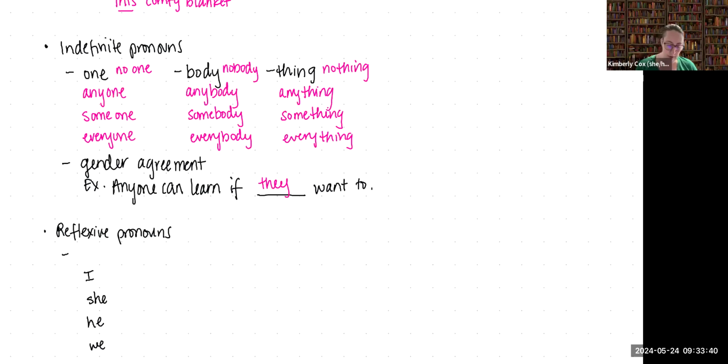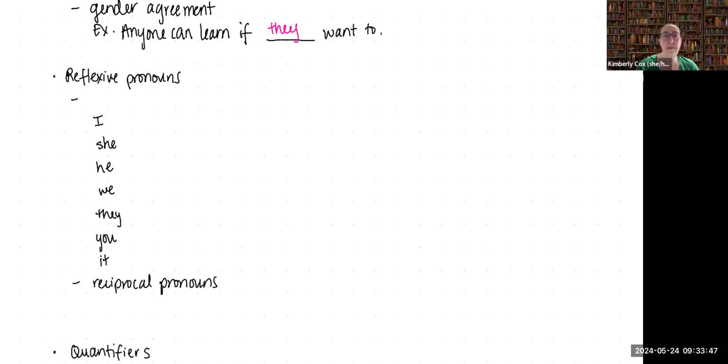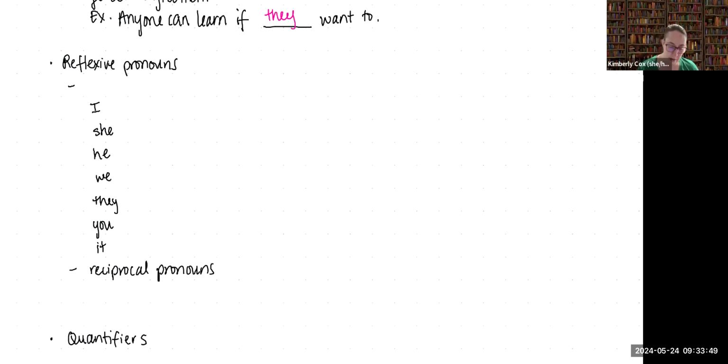So reflexive pronouns are what we'll talk about next, reflexive and reciprocal pronouns. The idea behind reflexive pronouns is that they literally reflect or refer back to a previous pronoun. Okay. So for instance, if I were saying I, it would be myself, right?